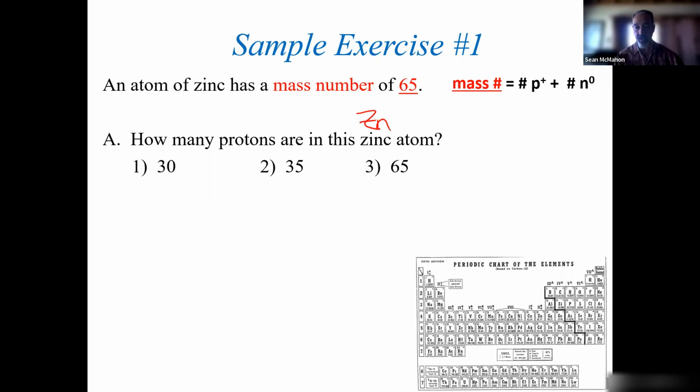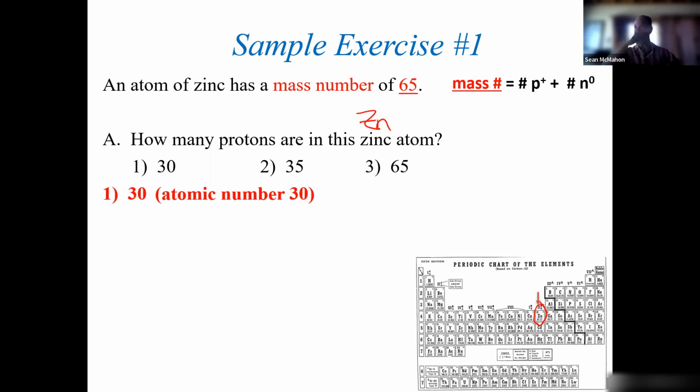So I take out the periodic table and I look and I'm like, oh, here's zinc. And I look, the smaller number in that box is going to tell me the atomic number. And the atomic number is the same as the number of protons. So zinc has 30. Okay.